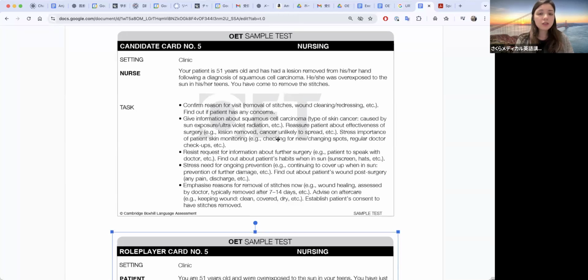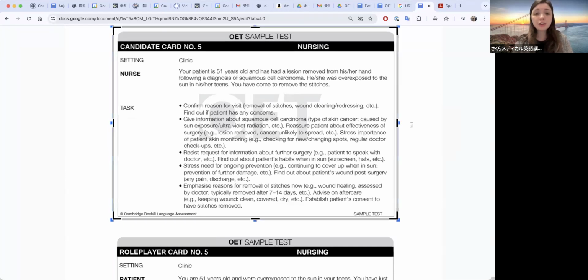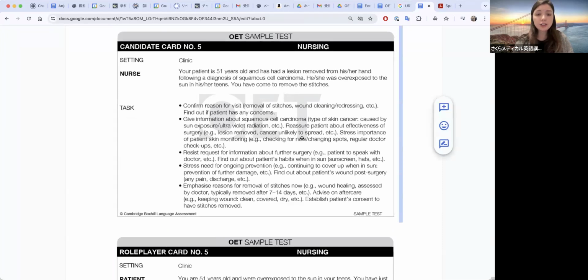You could check the understanding here. You could say, were you aware of that? Or something like that. Or you could just move on and say, the surgery is very effective for this type of cancer. Once you have the lesion removed, the cancer is unlikely to spread.